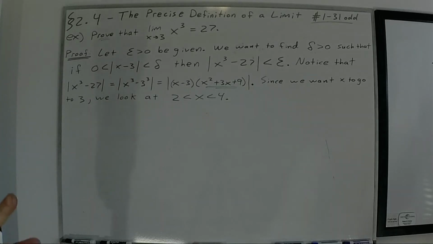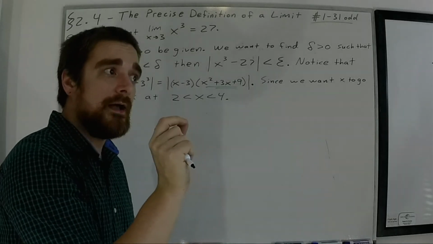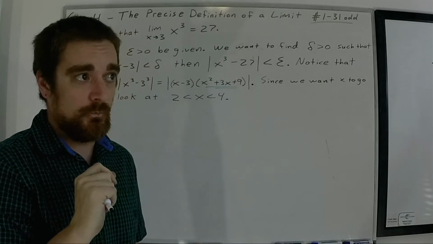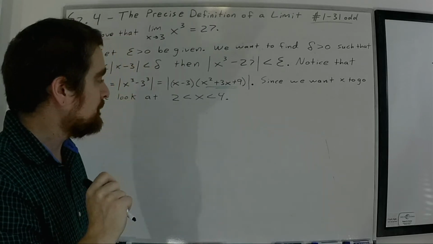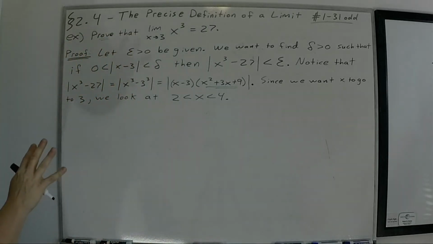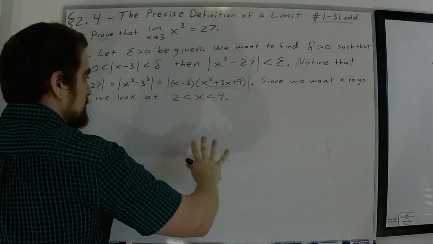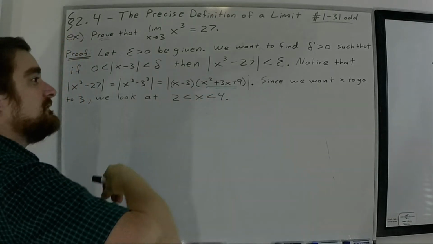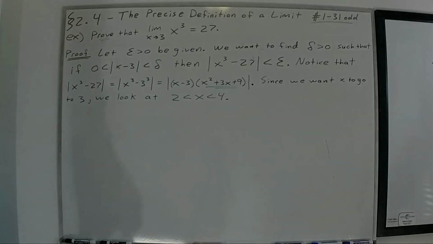I don't want to pick that, because then someone could come along with a much smaller epsilon and maybe my delta equals 1 is no longer good enough to prove it for every epsilon. I'm just saying let's look close to 3 right now to see if that helps us find a good delta. So we're looking between 2 and 4.